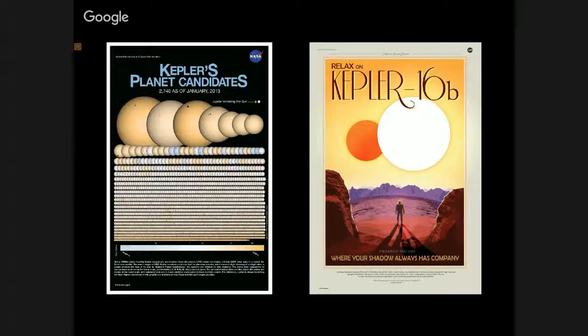And so on this question of whether or not there are habitable planets out there already, one of the things in terms of the body of knowledge that we use to think about this is just when you look up at the night sky, you see all of these stars.